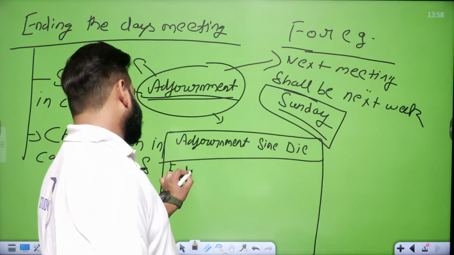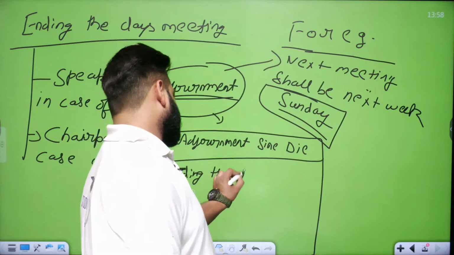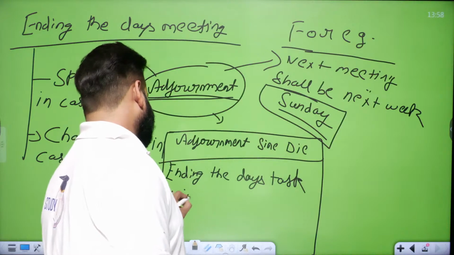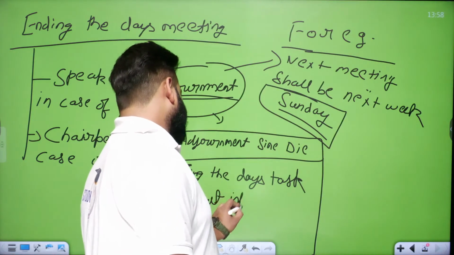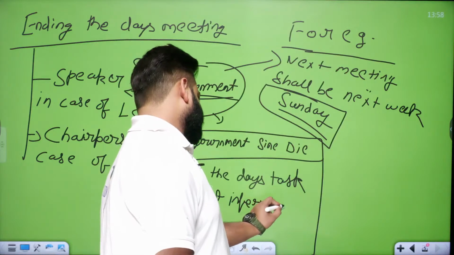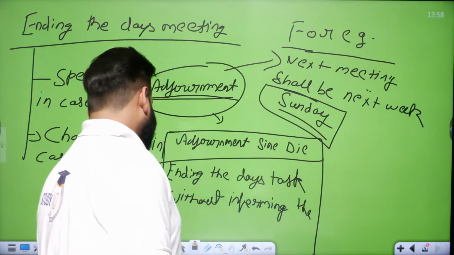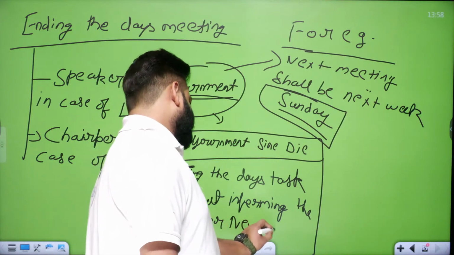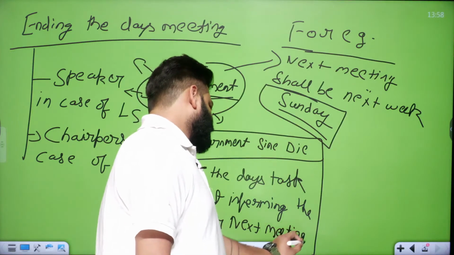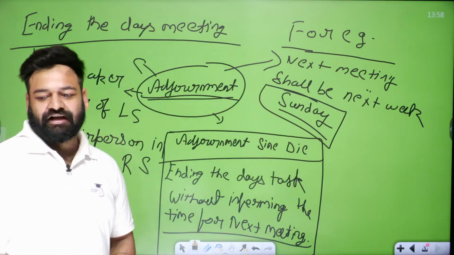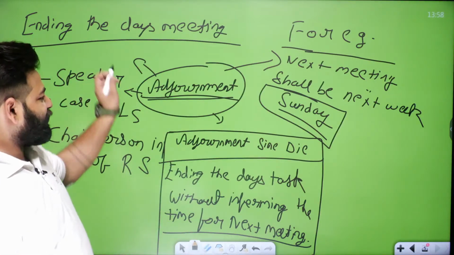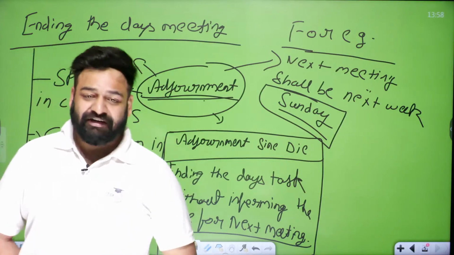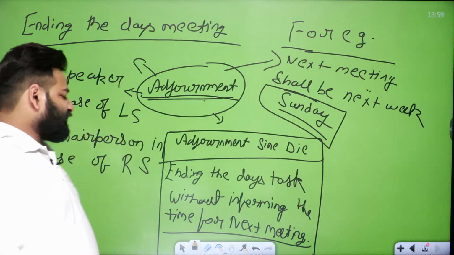Ending the session or ending the day's task without informing the time for the next meeting. So this is what is known as adjournment sine die. When the date has been fixed, it will just be termed as adjournment. When the next meeting date is not fixed, it will be termed as adjournment sine die.